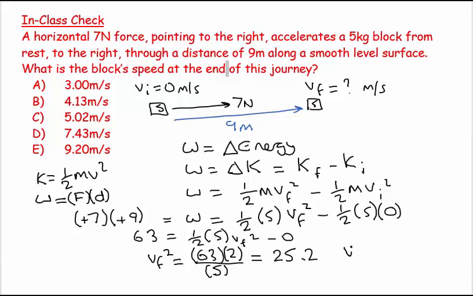So that means Vf will equal the square root of 25.2, which equals 5.02 meters per second. It's positive 5.02 meters per second.